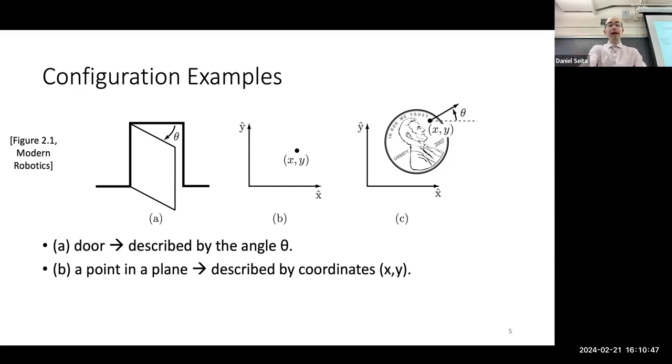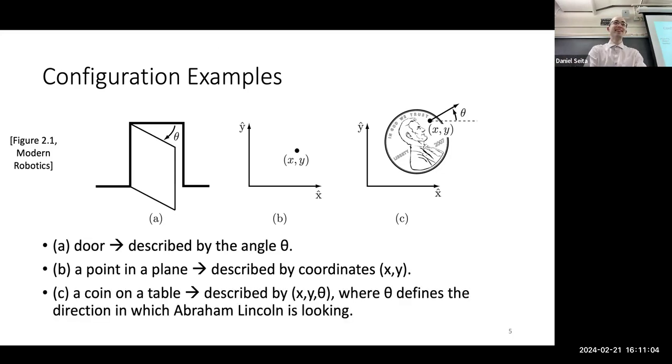And if you have a point in a plane, then you can describe its configuration with two numbers, right? Here's the x coordinate, here's the y coordinate. How many numbers for this coin? I did one and then I did two, so this is probably three, right?